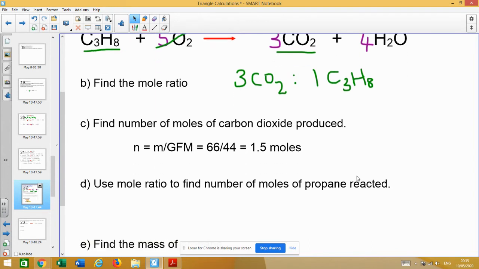It's a 3-to-1 mole ratio, so 3 carbon dioxides gives us 1 of these. So if we've got 1.5, we need to divide it by 3 to get the number of moles of propane. Dividing that by 3 gives us 0.5 moles of propane.